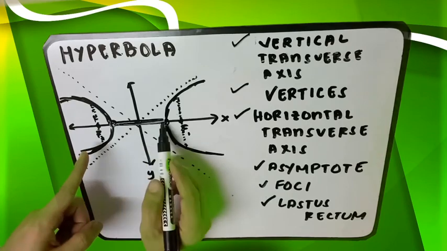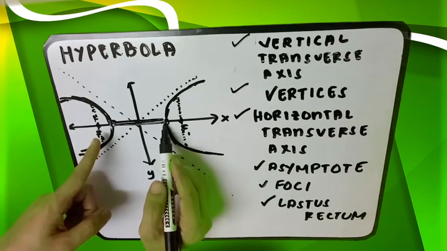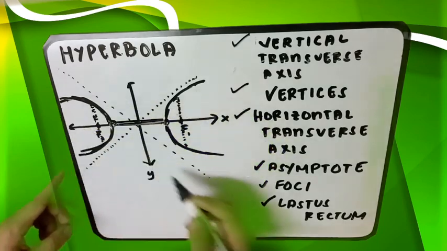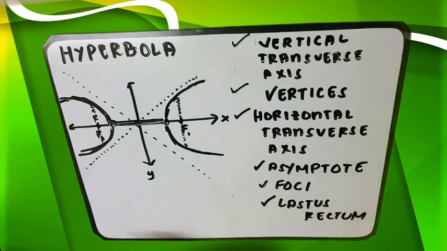Vertices, if we connect, horizontal transverse axis, focus or foci, asymptote, latus rectum. So yung formula sa pagkuha ng latus rectum, ng foci, ng asymptote, nasa ibang video yun.